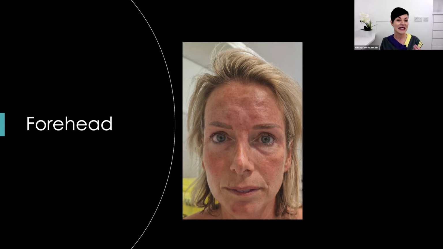She too is a delayed complication. She had forehead filler by an unlicensed practitioner who had injected her over the central part of the forehead. This picture was taken on the day of treatment, and she doesn't look like she's having a good time. Immediately after treatment, she experienced severe headaches, swelling, redness, and significant pain.